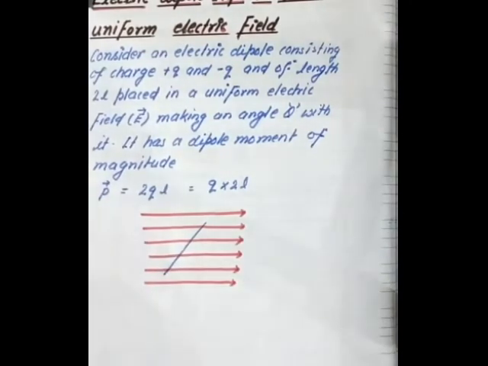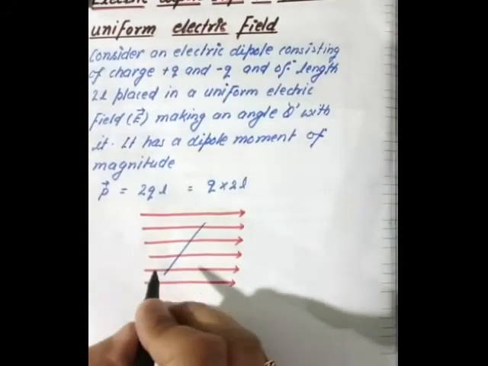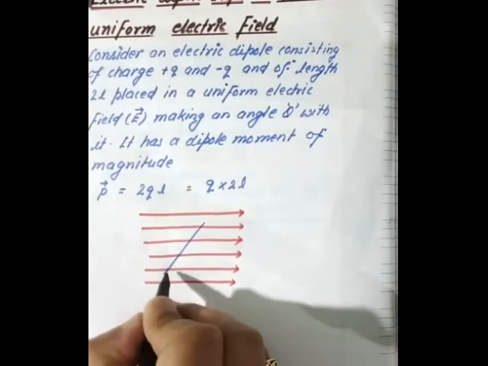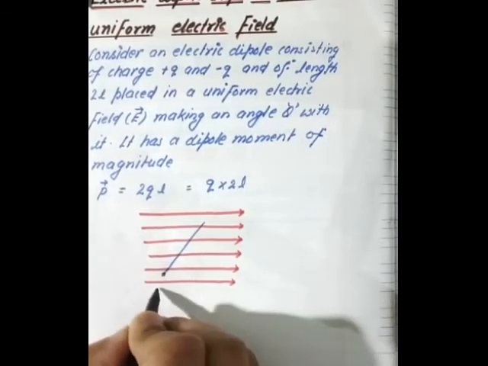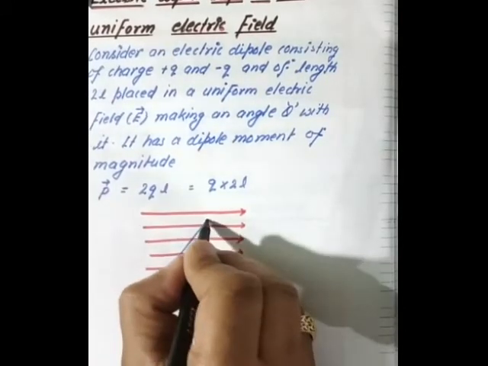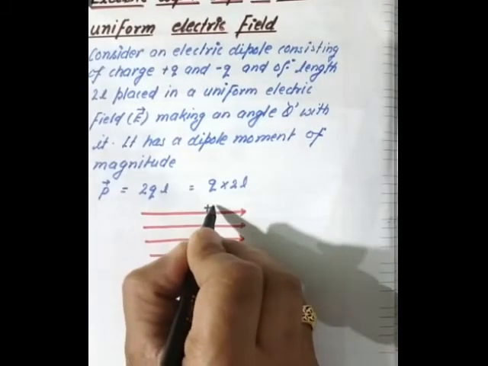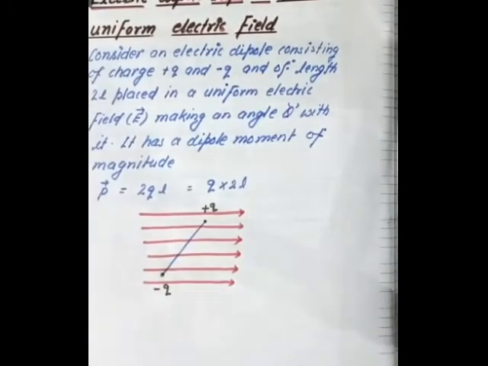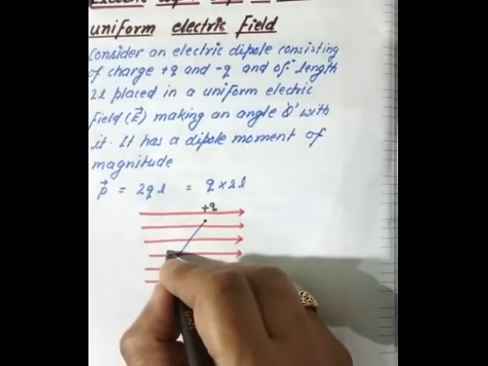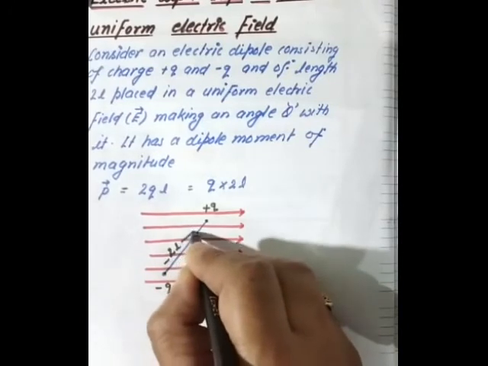A dipole of length 2L. Suppose this is negative charge and this one will be positive charge. And the distance between these two will be 2L.